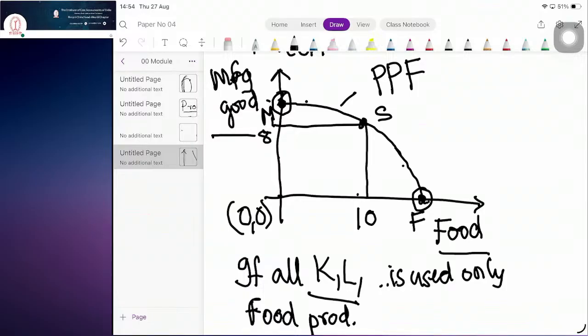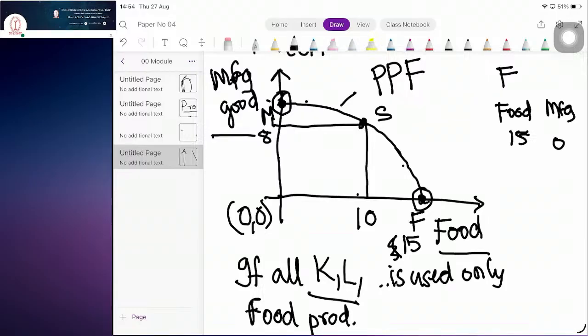Suppose I say for F, it is 15 units of food. So at F, what is the production being done? Food is 15 and manufactured goods is 0. Understood?